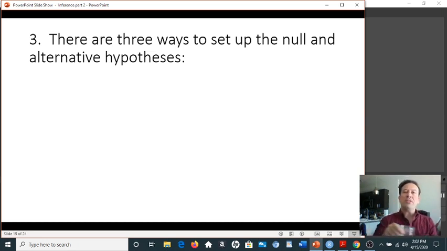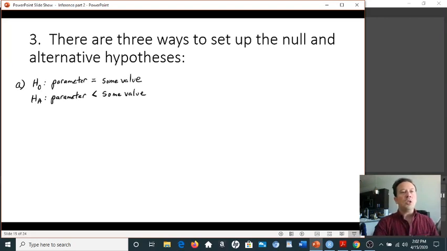So there are three ways to set up the null and alternative hypotheses. And it all depends on which inequality you are using for the alternative hypothesis. So typically we would write down our two hypotheses like this. We would have them lined up where your null hypothesis is that your population parameter equals some value. So that could be that the mean is 5 or the mean is 90, whatever it is.